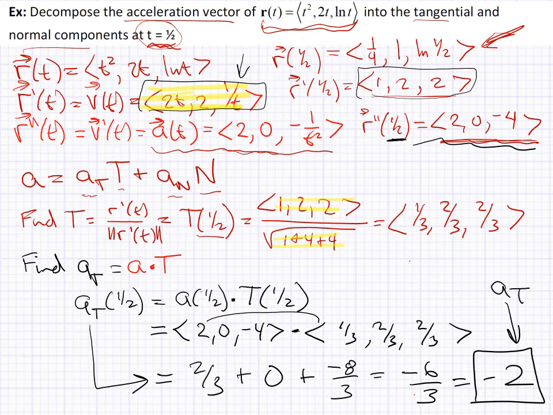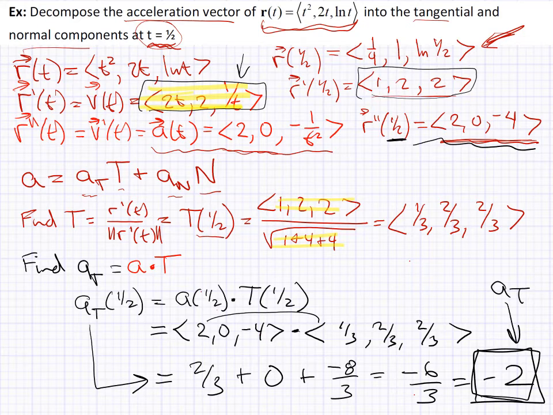That tells you what you traditionally think of as acceleration, and the fact that I got a negative a sub t, a negative tangential component, tells me that I am slowing down at this location, at this rate, whatever the units of measurement are, as acceleration is typically measured. It's slowing down because we found that this tangential component is negative, and it's at a rate of 2, whatever the unit of measurement is.